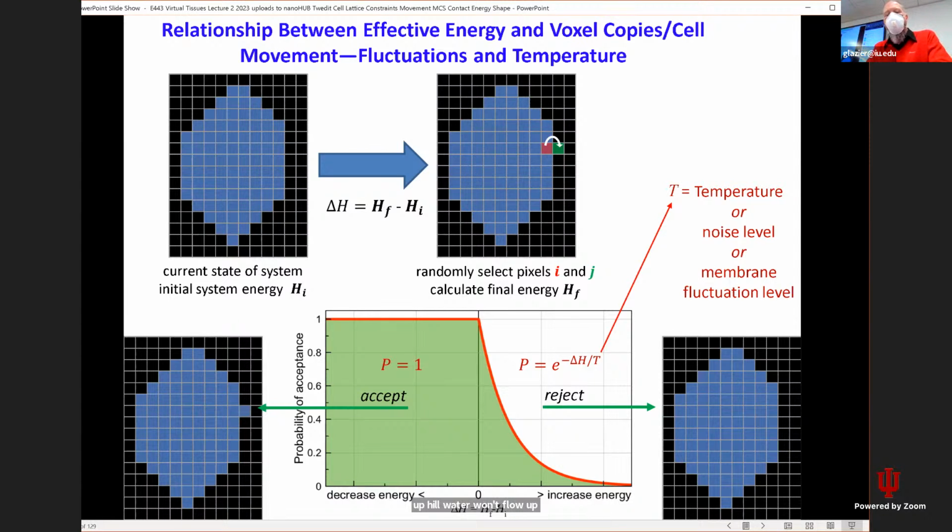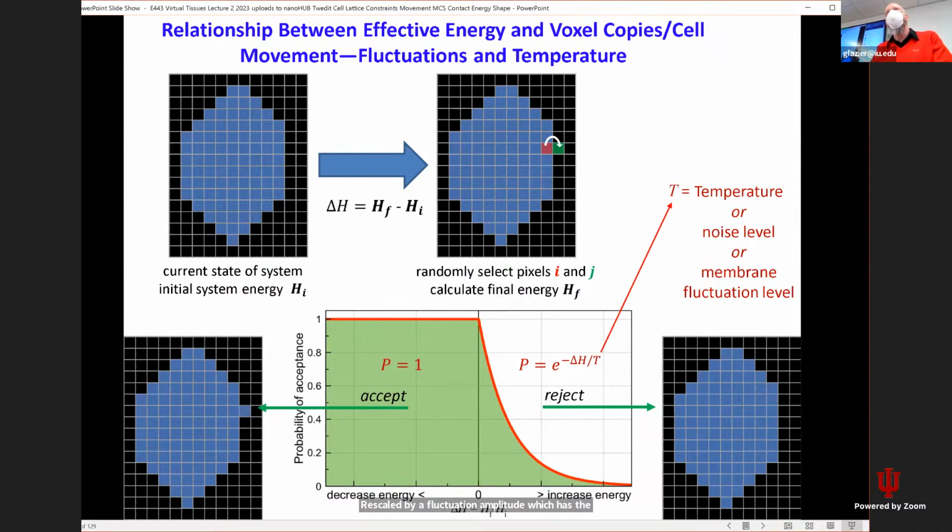And so there's a probability which we define, and it has the form, again, for physicists, of what's called a Boltzmann factor, which says that if a movement is unfavorable, we make that movement with a probability that decreases exponentially with the cost of the movement, with that delta H, rescaled by a fluctuation amplitude, which has the unfortunate name of temperature.